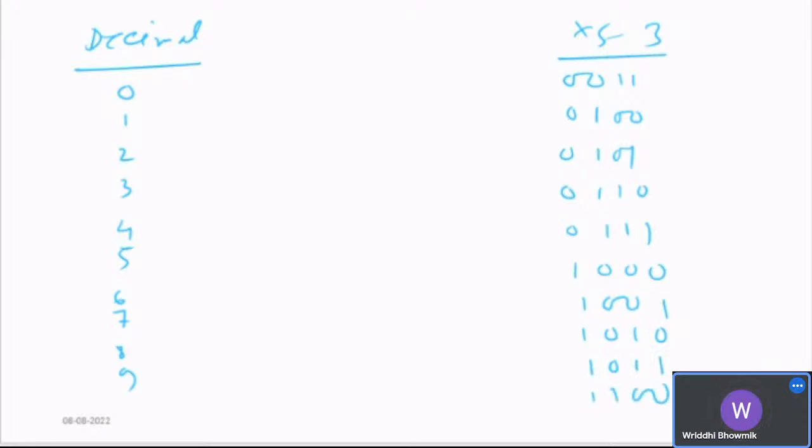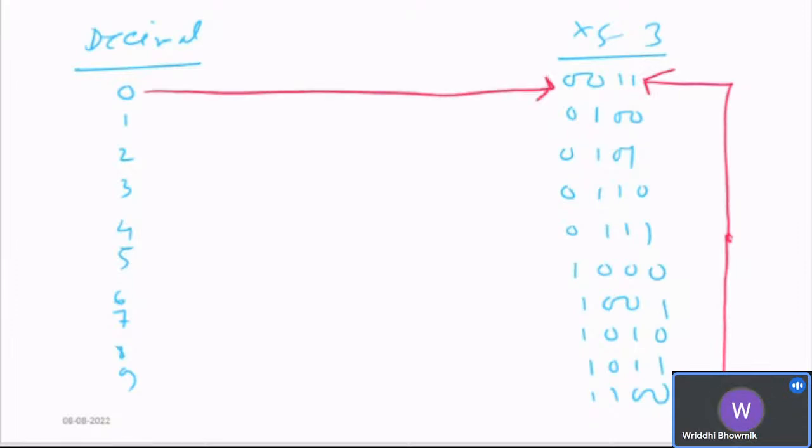Okay. Now, one interesting thing, just give me 1 minute. One interesting thing you can observe: this XS3 code is actually a self-complementing code. How is it possible? You see this two values. For 0, it is 0011. For 9, it is 1100. Both are complements of each other.